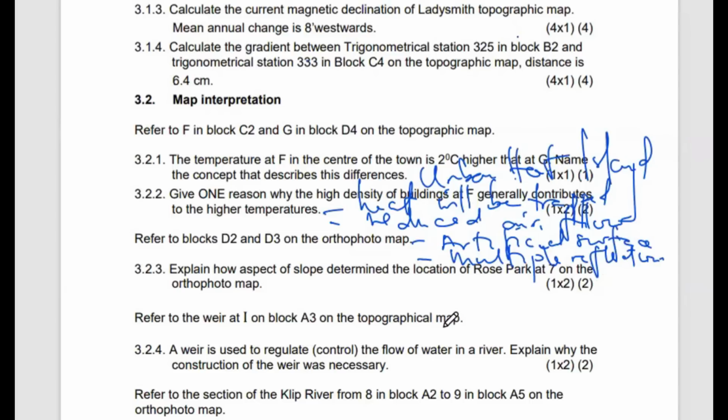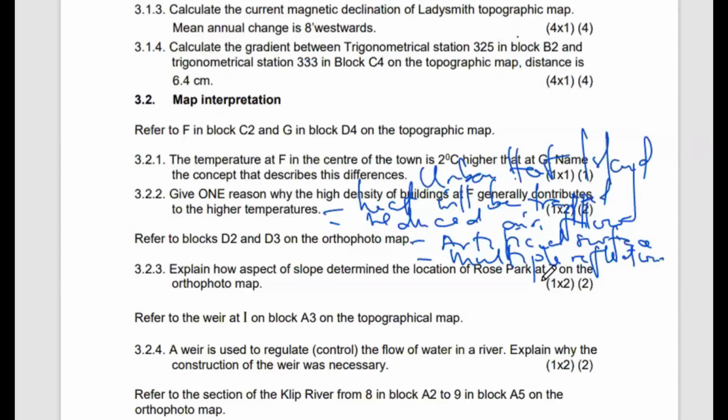Right, then the next question is saying, explain how aspect of slope determined the location of Rose Park at 7 on the orthophoto map. When we talk of slope aspect, we are looking at the direction at which a slope is facing. So basically you need to check if that slope is facing to the north or to the south.